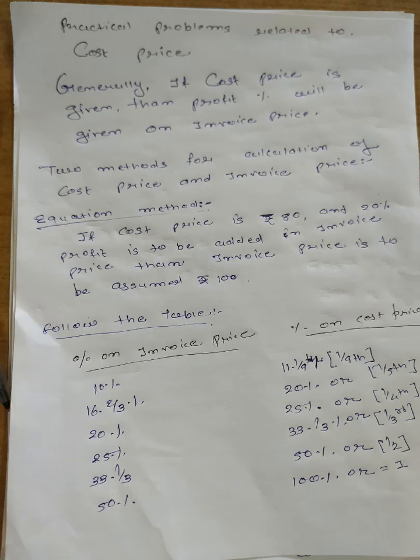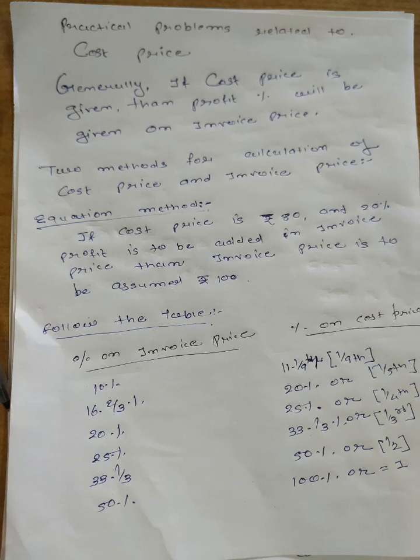That means if you want profit percentage on invoice price, you have to see what the profit percentage on cost price is. If the profit percentage on the invoice price is 10%, the same profit percentage on the cost price is 1 divided by 9.